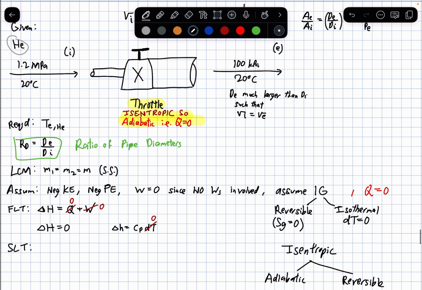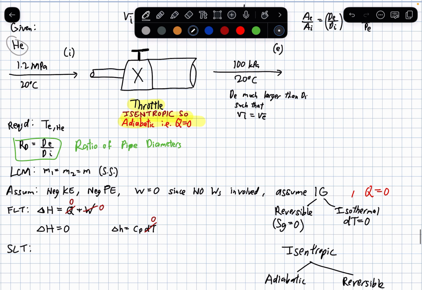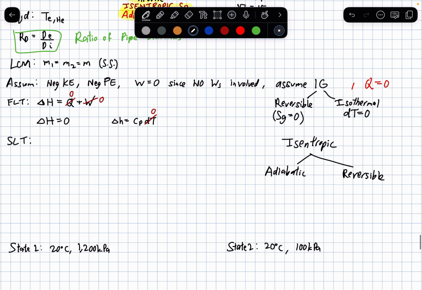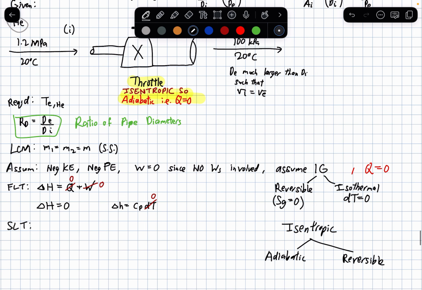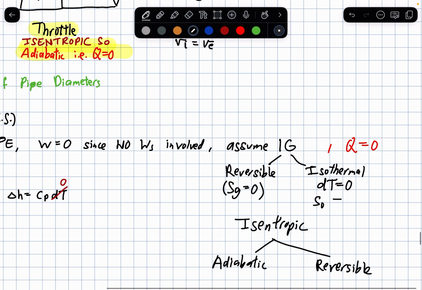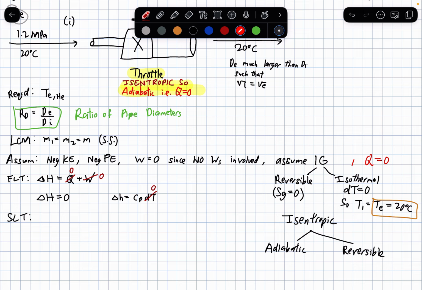What are we looking for? Exit temperature of helium. Actually, we already found the first answer, no? This one.